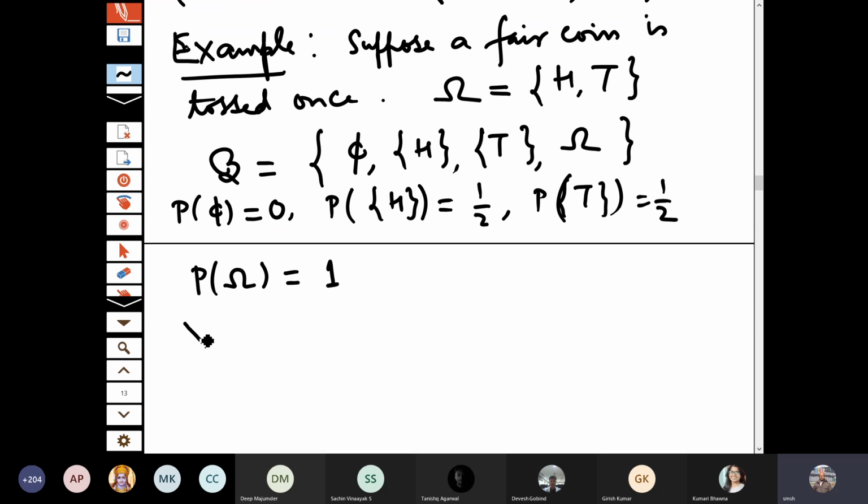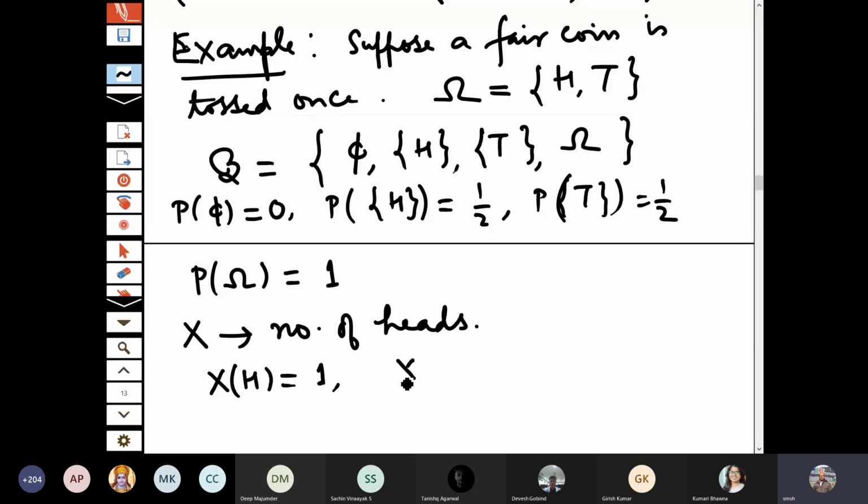Now I consider the random variable X as the number of heads. So what are the possible values? Omega has two elements. X of H is 1 and X of T is 0. Only two possibilities are there, so only two values this random variable X is taking.